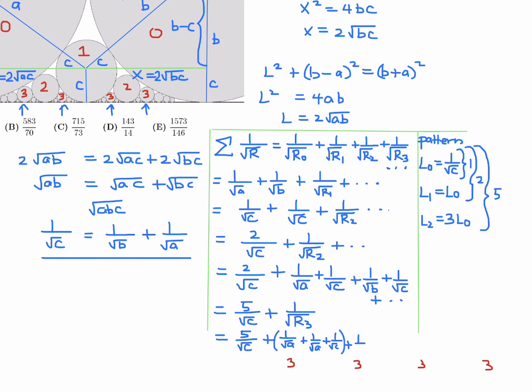The second one is 1 over root A plus 1 over root C plus 1 over root C. The next one is 1 over root C plus 1 over root C plus 1 over root B. And the last one is 1 over root C plus 1 over root B plus 1 over root B.